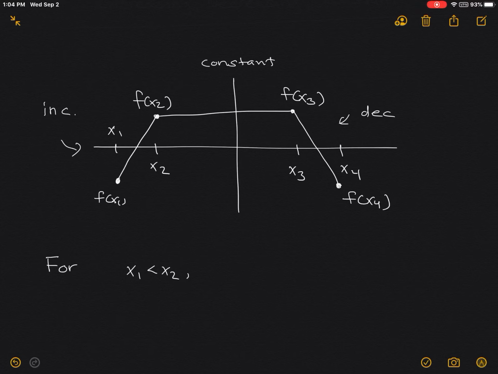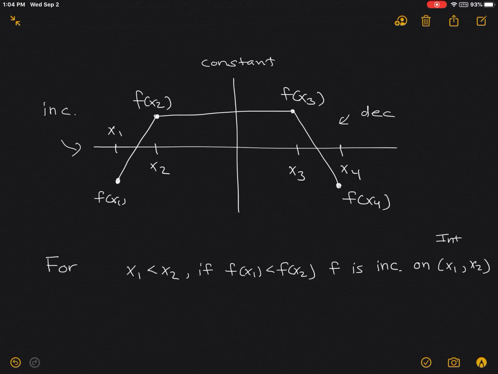If the y value of x1, we'll call it f of x1, is less than the y value of x2, then we say f is increasing, I'll just say inc, on the interval x1 comma x2. So this is the interval.